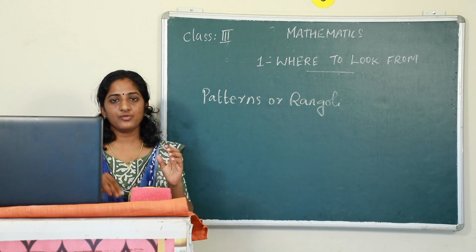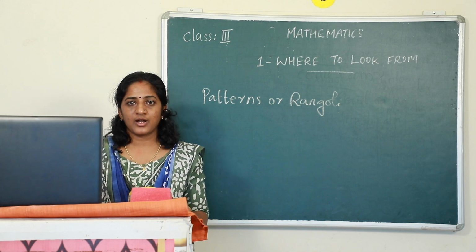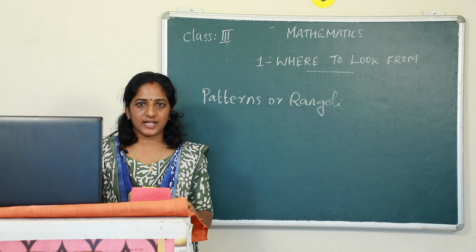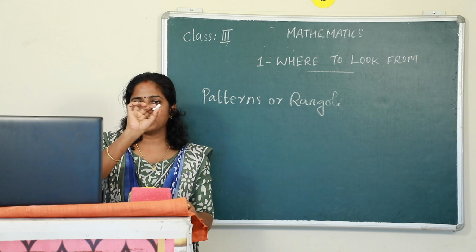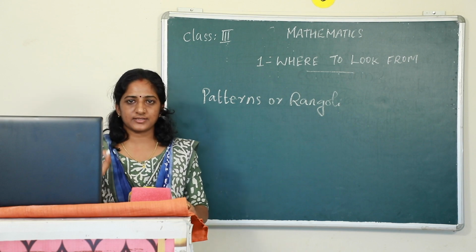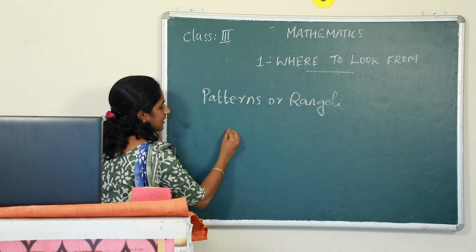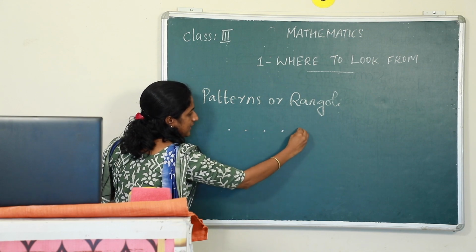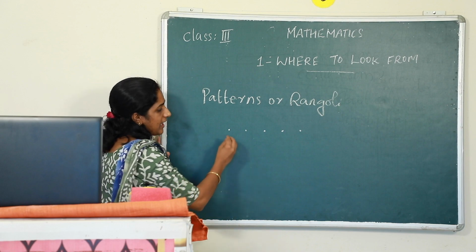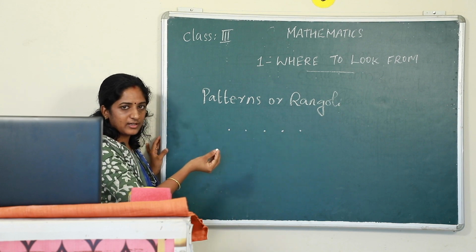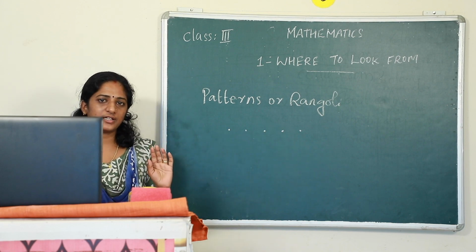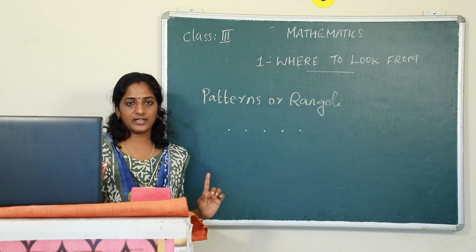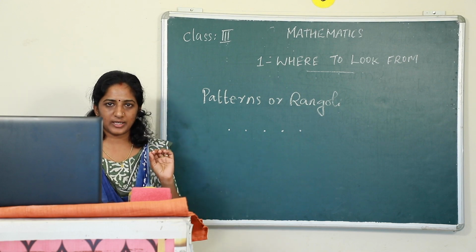Do you know children, how we draw these rangoli patterns? Most rangoli patterns are drawn by joining equally spaced dots. That is, put dots like this, equally spaced, and then draw the figure. Most rangolis are drawn like that. Here I will draw a simple rangoli pattern.